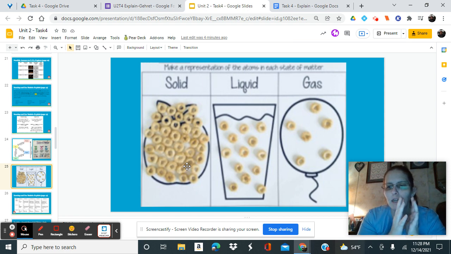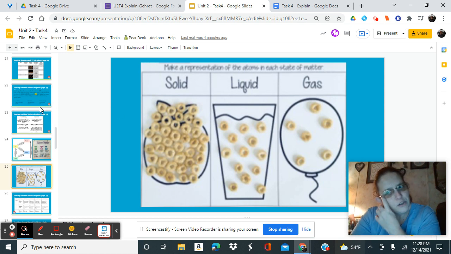They kind of have a chance to move around a little bit, bump into each other. And then you have a gas, they're moving faster and they're just kind of all over the place. But they have the confines of, say, a balloon there. They're taking up that space, but they have room to move about. Okay, so think about this picture here when it comes to a representation of the atoms, the molecules that represent the different states of matter.